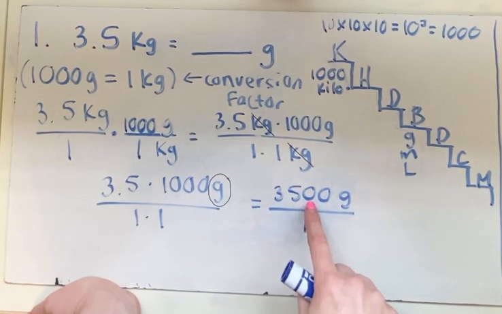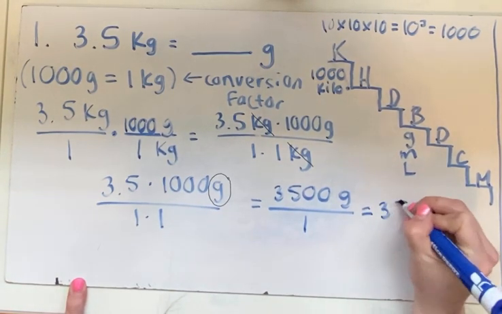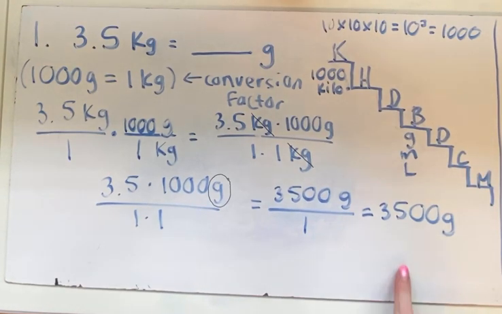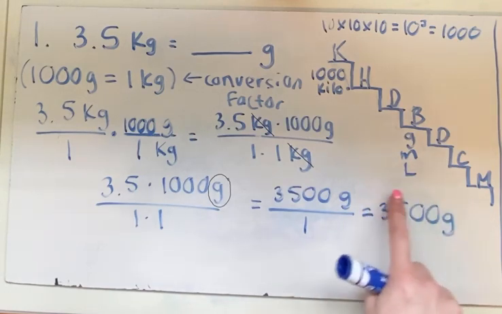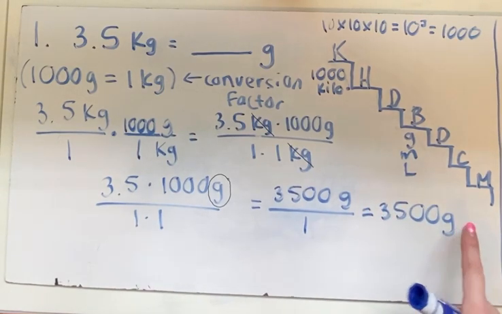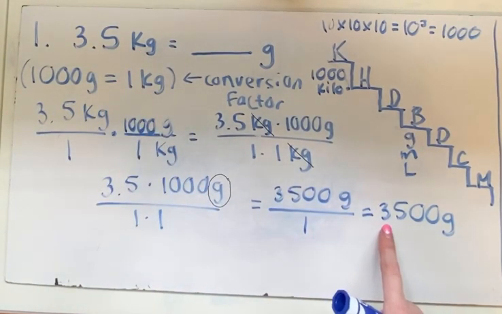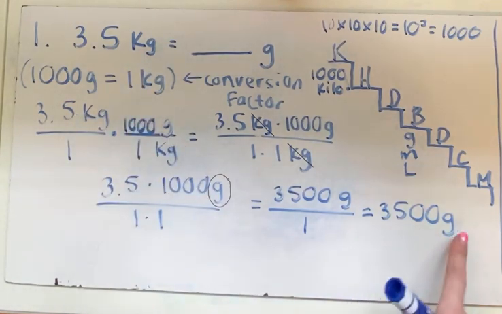So 3,500 grams divided by 1 is equal to 3,500 grams. Cool. And we know we got the answer right because our units canceled, and this is a bigger number for a smaller unit, and this is a smaller number for a bigger unit. So this makes sense because there should be more grams in each kilogram, or there's 1,000 grams in each kilogram.